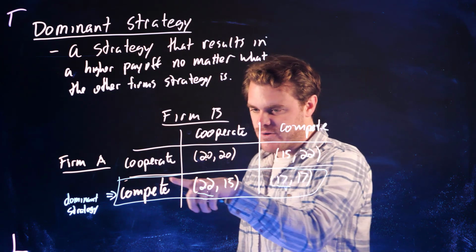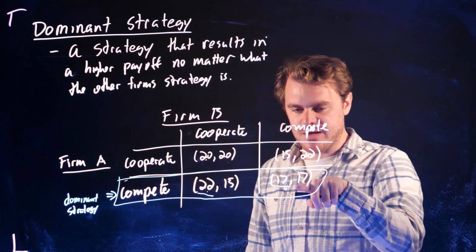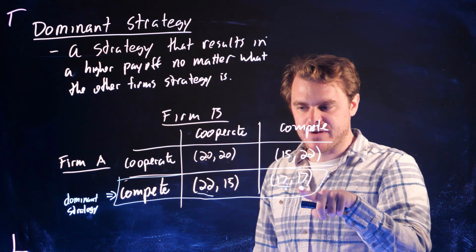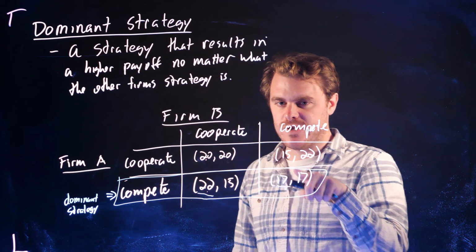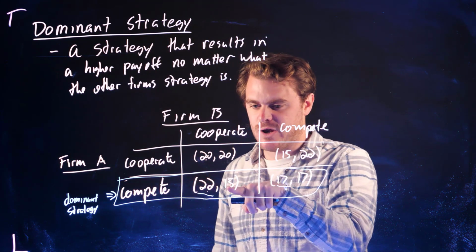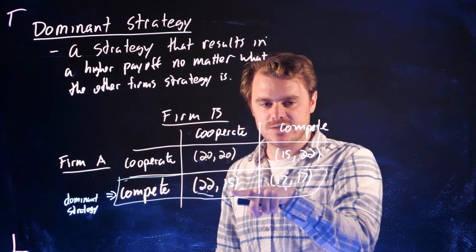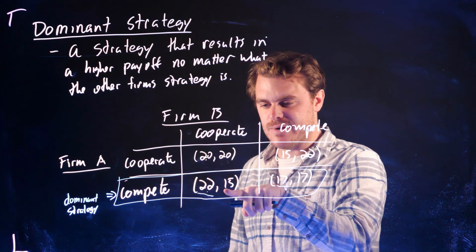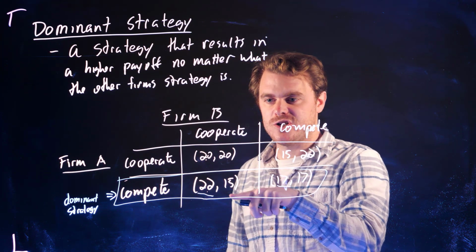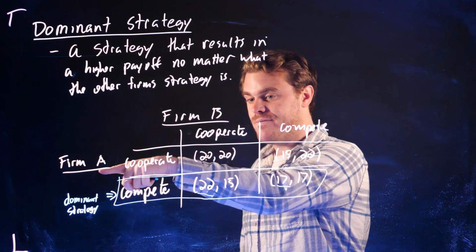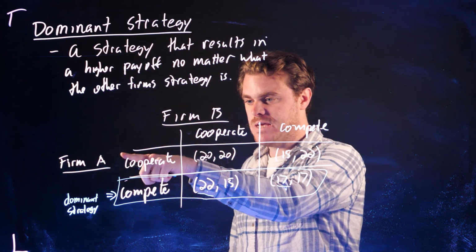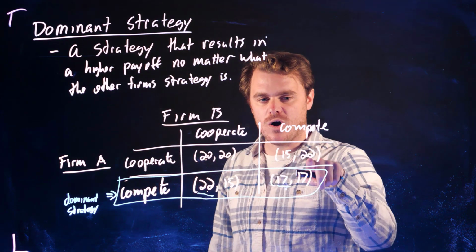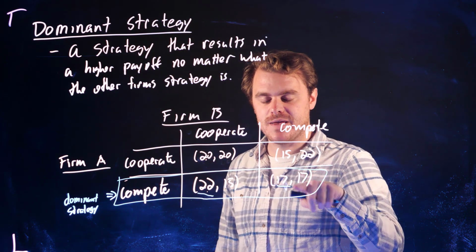And now if the other firm's competing and we compete, we get 17 if we're firm B. But if we cooperate and the other firm's competing, we only get 15. So again, 22 is bigger than 20 and 17 is bigger than 15. So no matter what firm A is doing, whether they're competing or cooperating, we always get higher payoffs from competing.